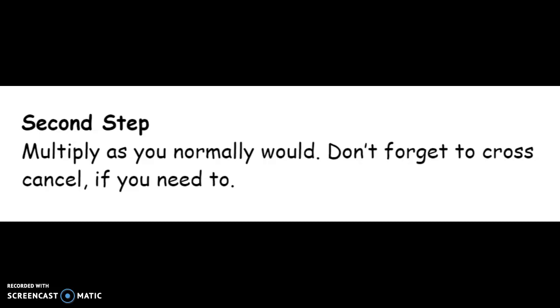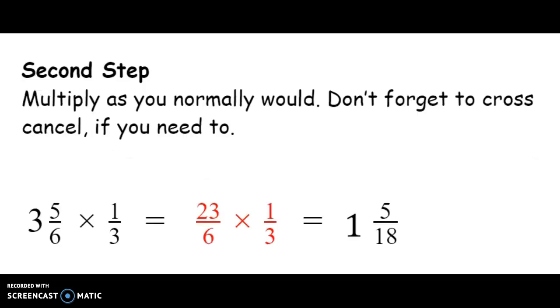Let's take a look at what that means in our equation. Here's our original equation, 3 and 5/6 times 1/3. What we did in the first step was make sure that our mixed numeral was changed into 23/6 and multiplied by 1/3. As we take a look at this new equation that we formed for ourselves, I'm looking both ways.